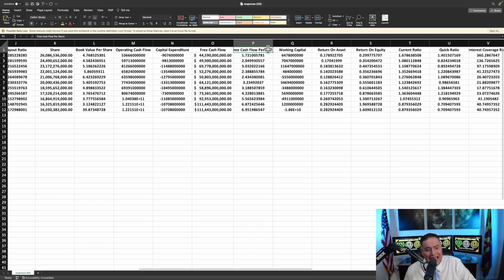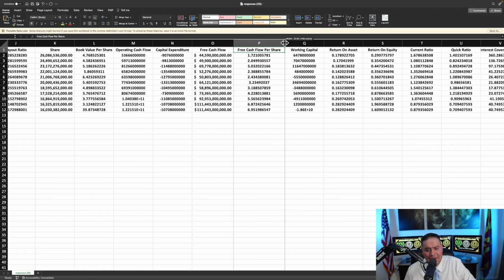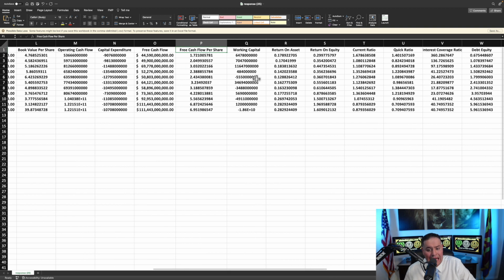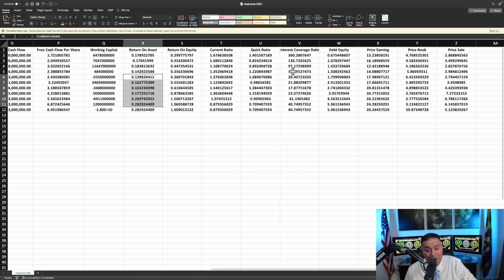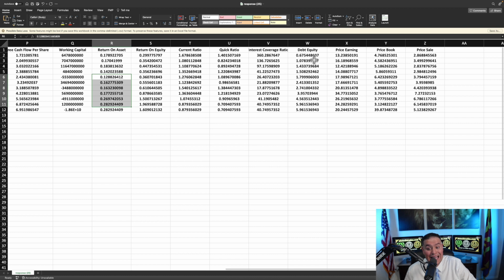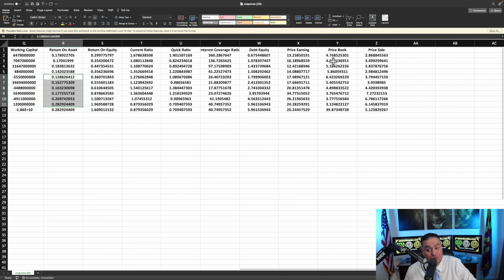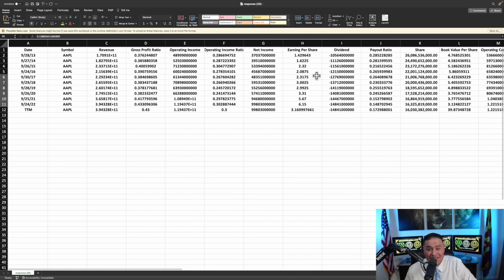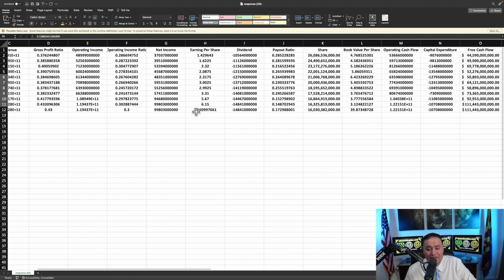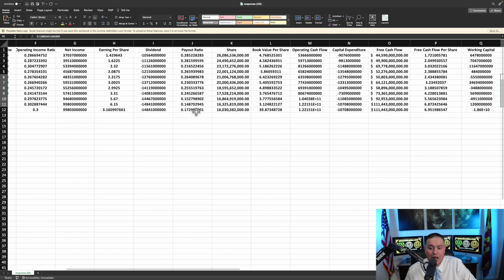The free cash flow per share, which you can just round to read it better, working capital, return on assets, return on equity, current ratio, quick ratio, interest coverage ratio, debt to equity, price to earnings, price to book, and price to sales. Now, all this is available with any stock that you want, and we also have international usage as well. It just has to be a certain type of key you have to press.